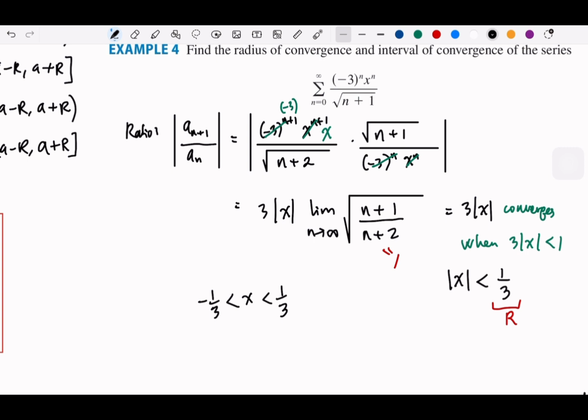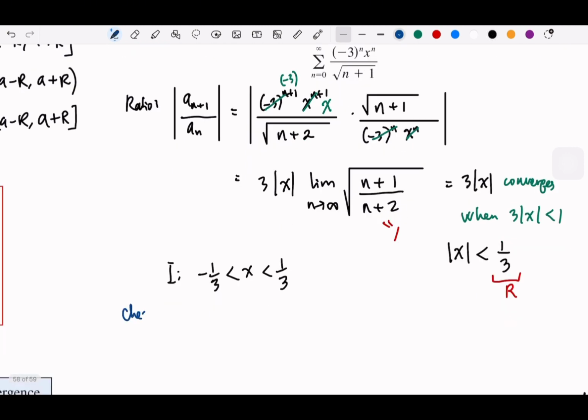But we are not finished yet. So we need to check. We can write this as the interval, but we need to check x equal to negative 1 over 3. So the series becomes, and we can cancel the negative signs and it will be just 1, right?